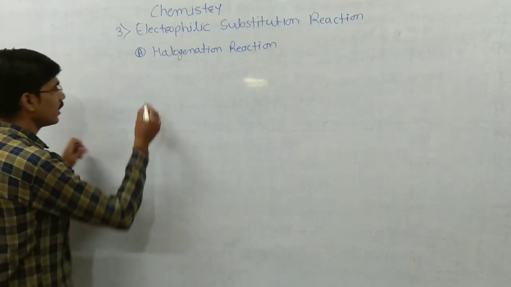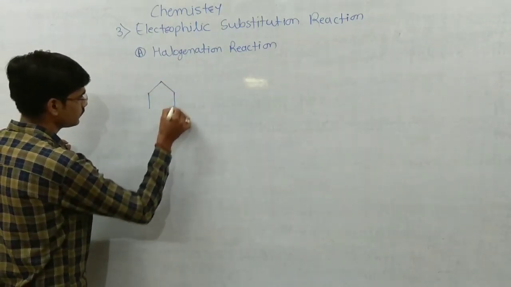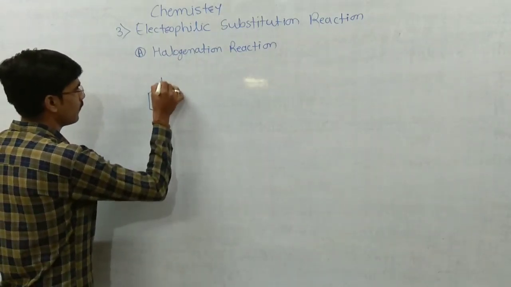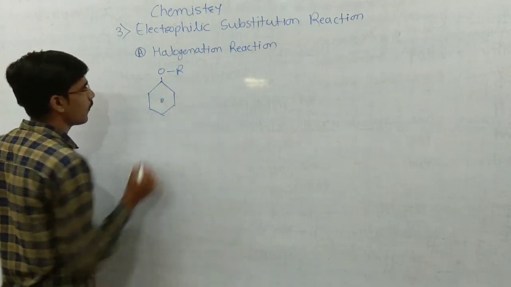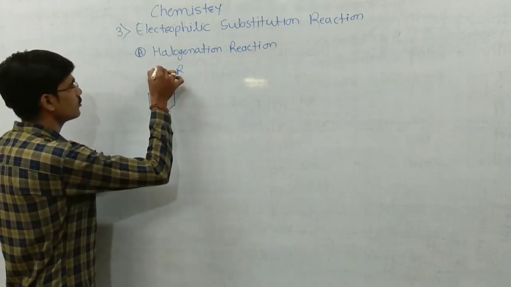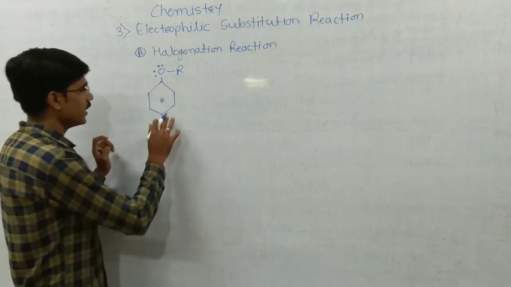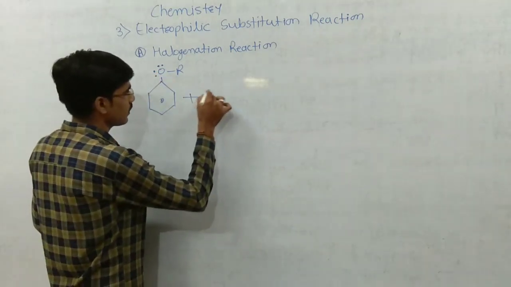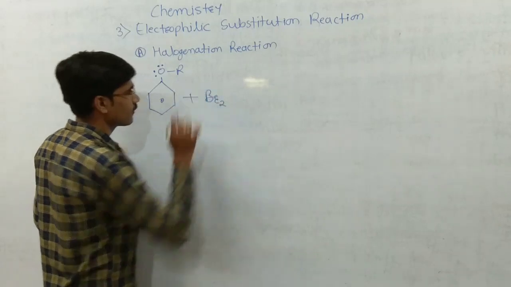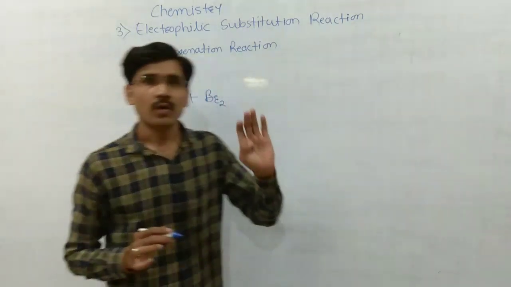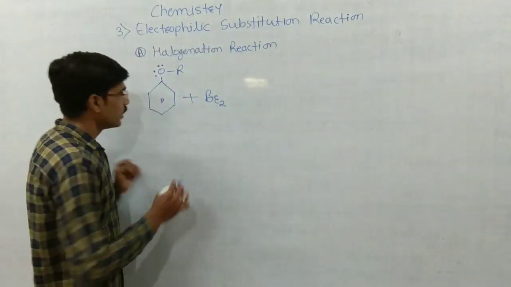That we have taken aromatic ether here, OR. This oxygen has lone pair on it, two lone pairs on it. Then it reacts with Br2. We are getting a product.